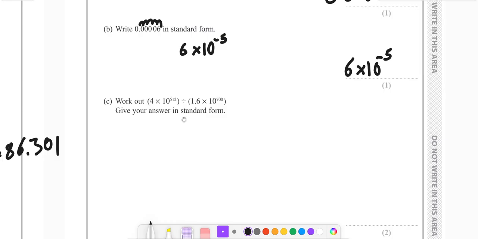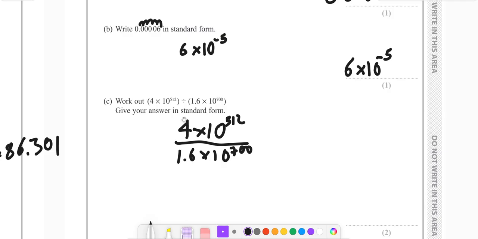Okay, so we've got to go 4 times 10 to the 512 over 1.6 times 10 to the 700. So we can divide the 10s and divide the 4s.